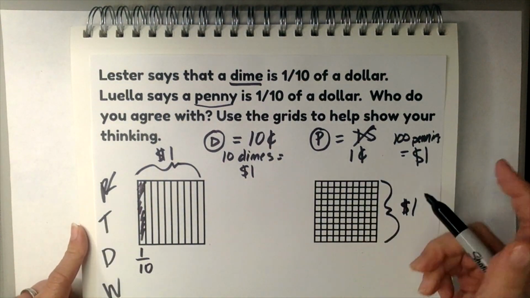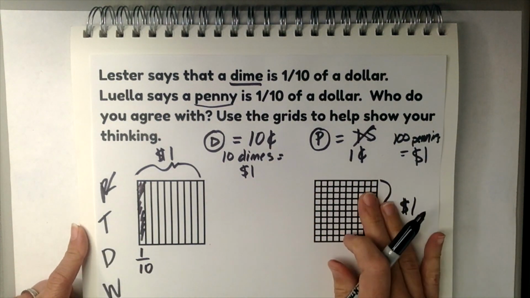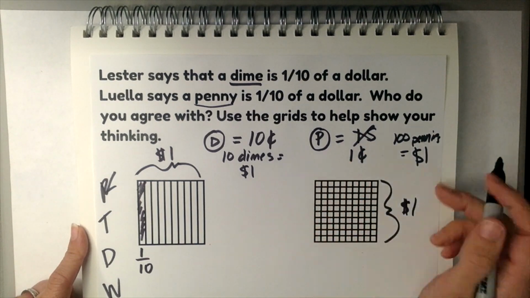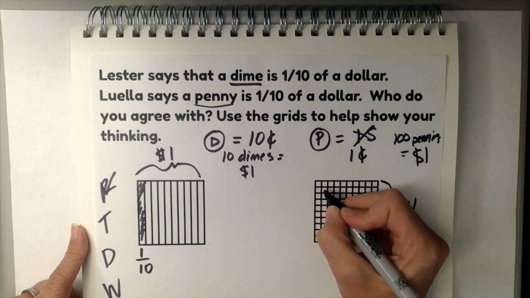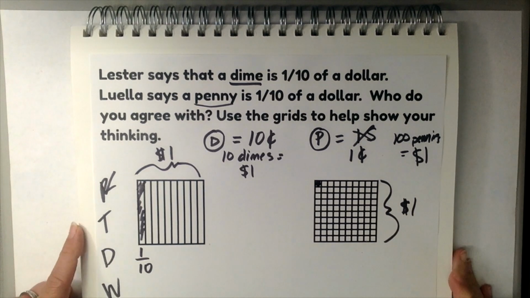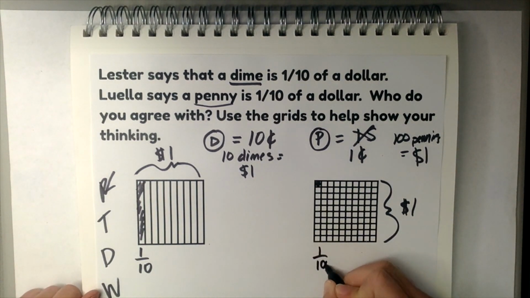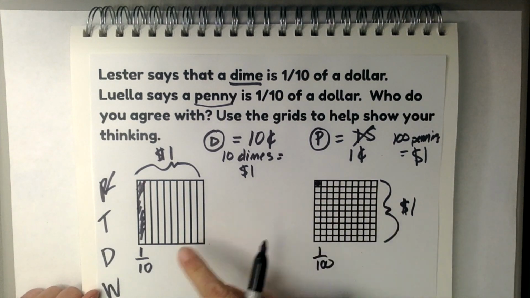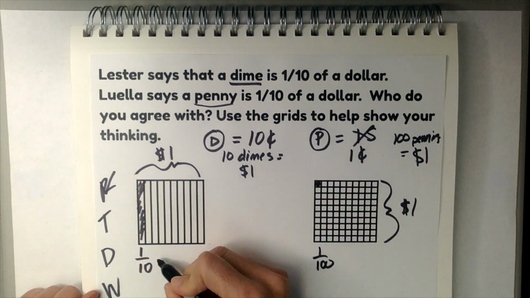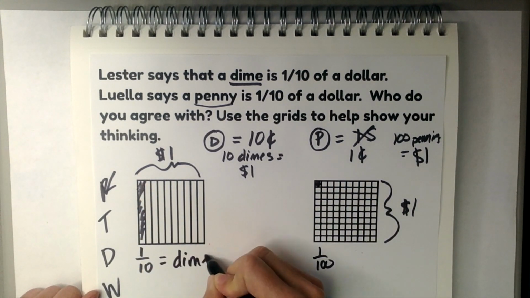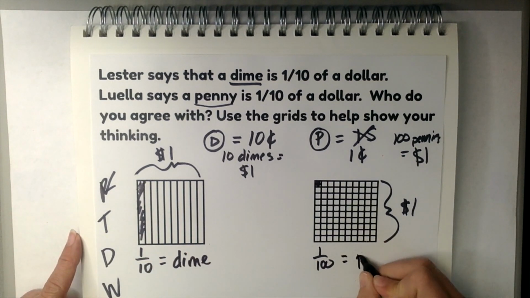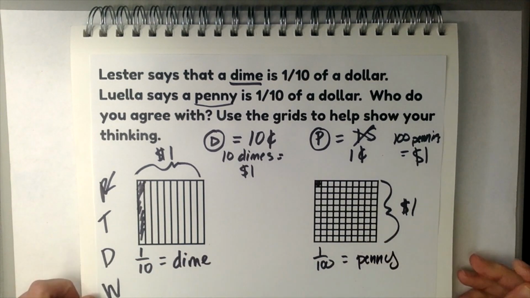Okay, and then this one shows 100, and I know that 1 penny is 1/100th. This is 1 out of 100, and this is 1/10. So a dime is 1/10 and a penny is 1 out of 100.